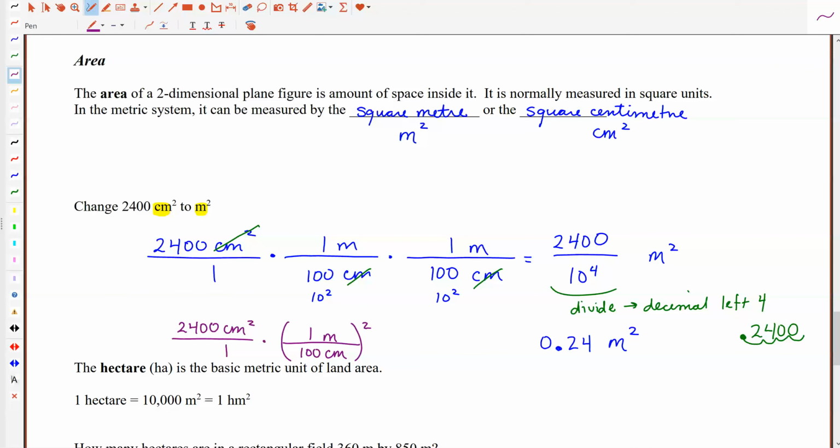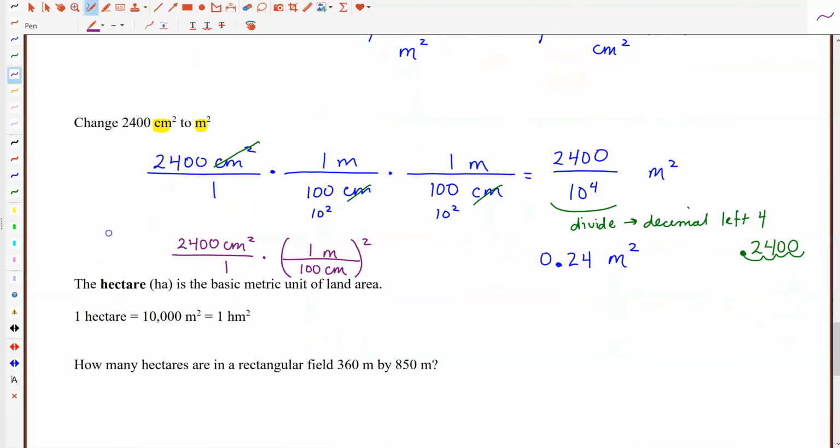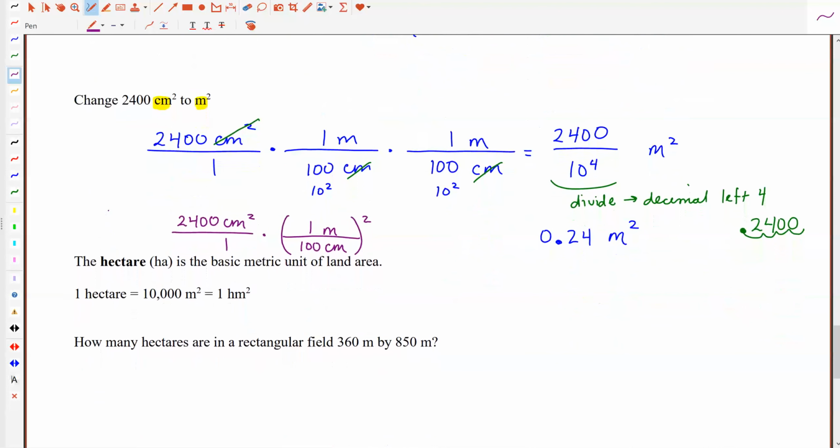Now, while area is typically measured in square units, like the square meter or square centimeter, or you could even get into larger or smaller units using the meter as your base, when you're doing land area in the metric system, that's typically measured using the hectare, which is abbreviated ha. So this would be the metric unit for measuring land.